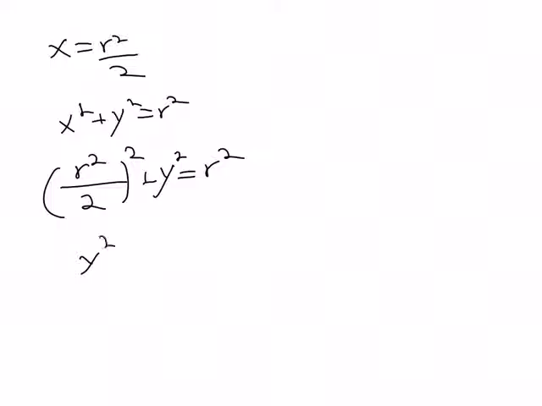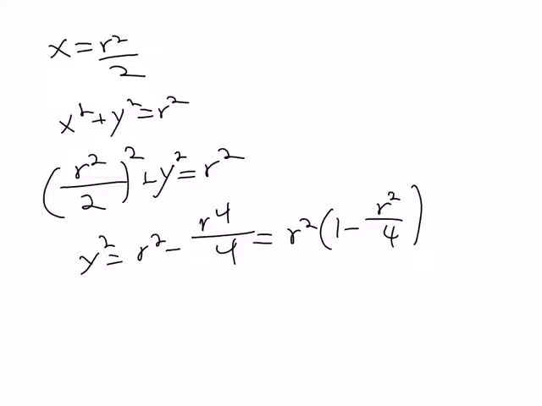So we get r squared over 2, squared, plus y squared equals r squared, or in other words, y squared equals r squared minus r to the 4th power over 4, which equals r squared times 1 minus r squared over 4.